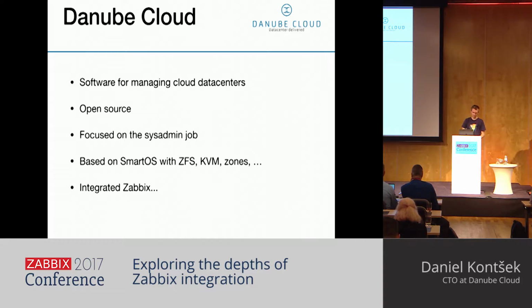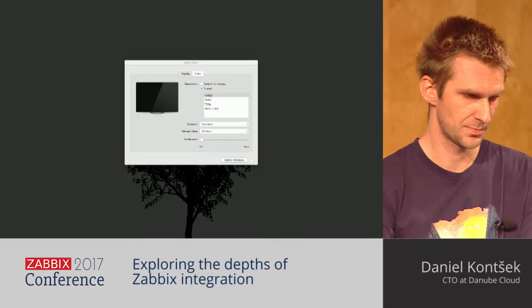What we did around the SmartOS system, which we use as a hypervisor, is add a lot of automation, a DNS server, an image server, so everything gets automated, and we also added and integrated Zabbix into it. Let me show you how it works.